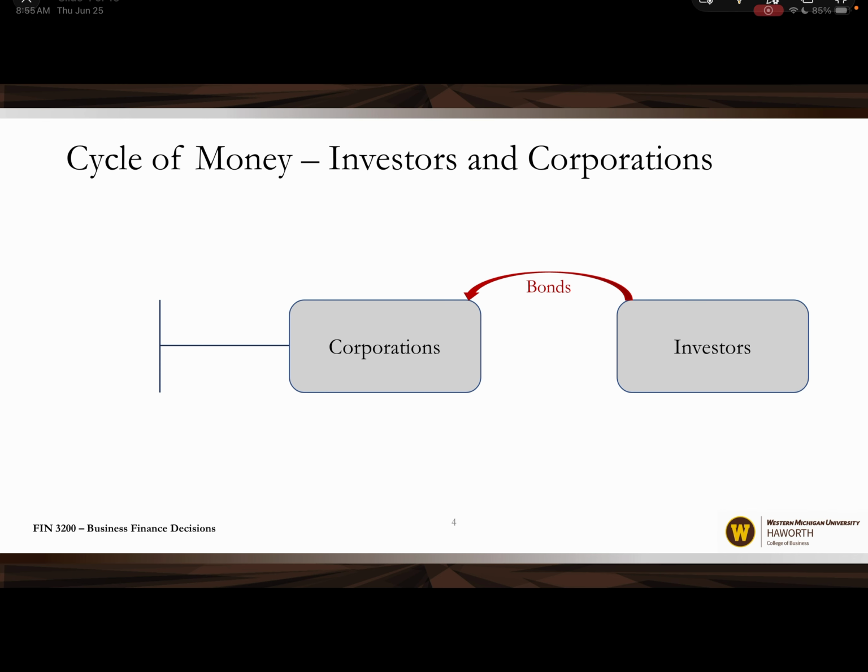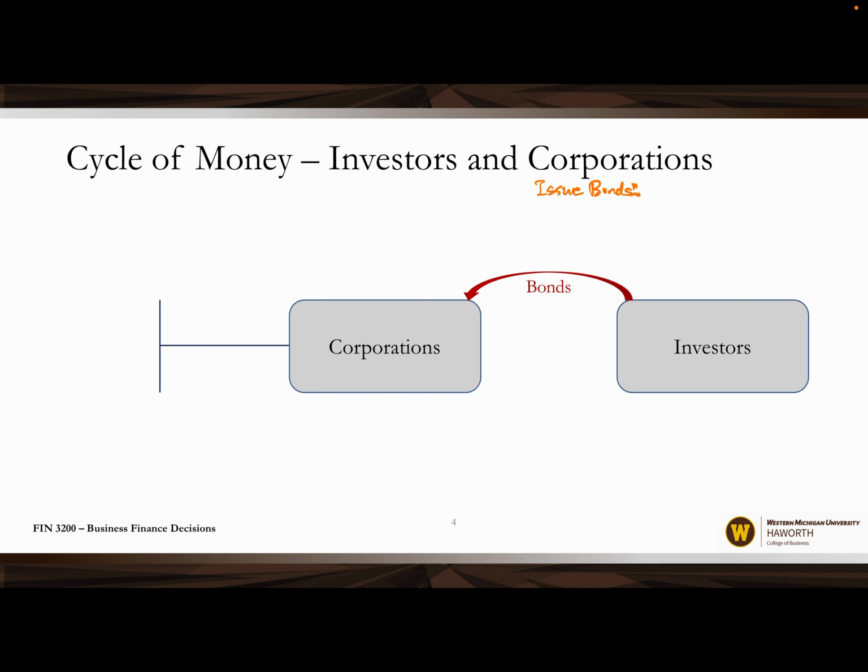When corporations issue bonds, they're basically borrowing money from investors. We have a separate chapter on bonds, so we'll get into details later.